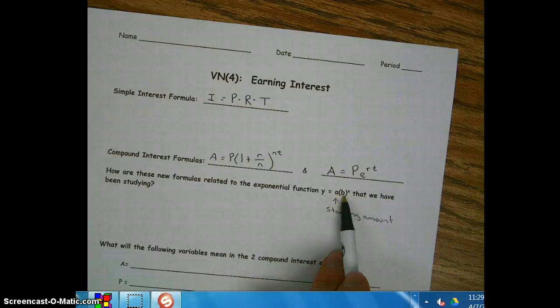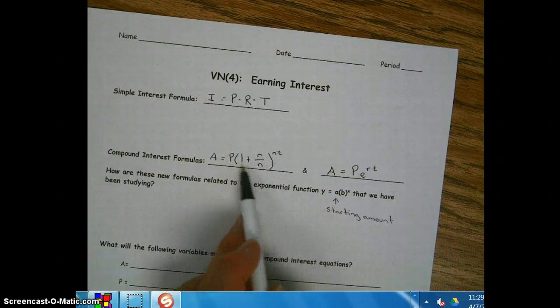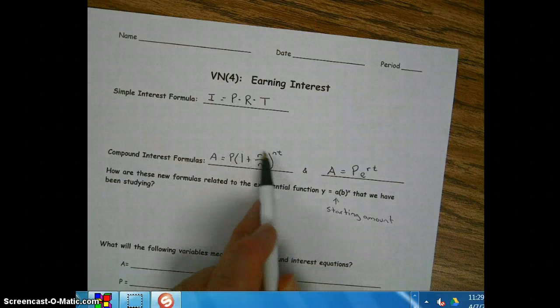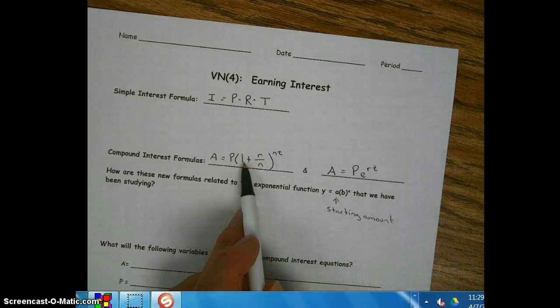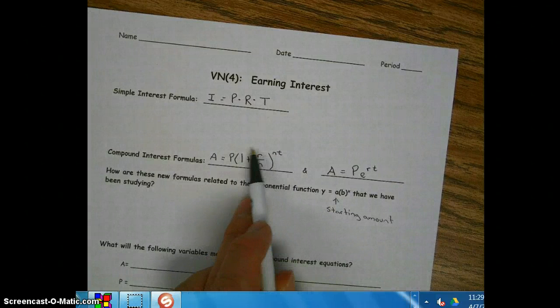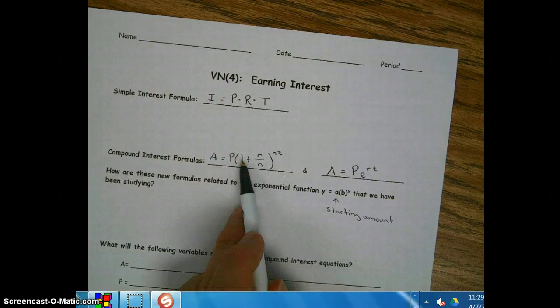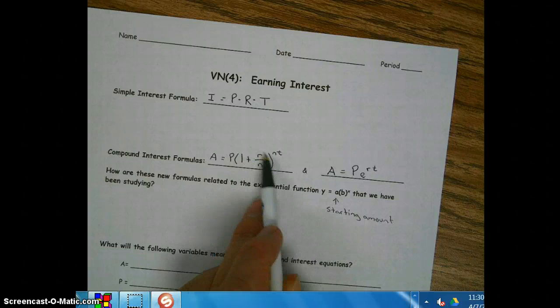B is going to be our base. In this case, it's E. In this case, it's this number. And it has to do with whether or not our money is increasing or decreasing. Usually and hopefully we're increasing.